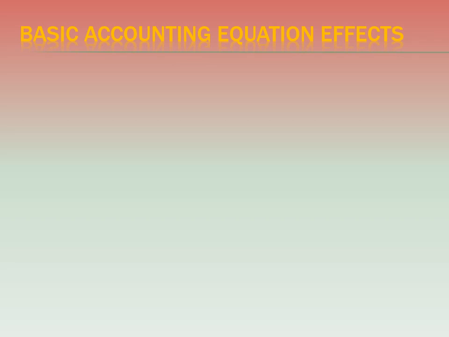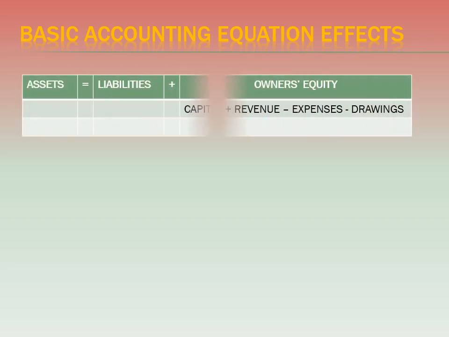Okay, so for the basic accounting equation effects, remember, the basic accounting equation is assets equal liabilities plus owner's equity, whereby the owner's equity is capital plus revenue, deduct expenses, because revenue deduct expenses becomes your net profit, and deduct drawings, because these four classifications fall under owner's equity.